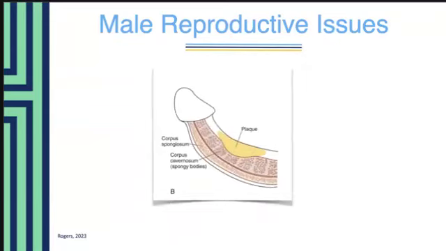Peyronie's disease, or PD, is characterized by the formation of fibrous plaques within the tunica albuginea of the corpora cavernosa. The most commonly implicated factor is repeated microtrauma or injury to the penis, which initiates an abnormal wound healing process.